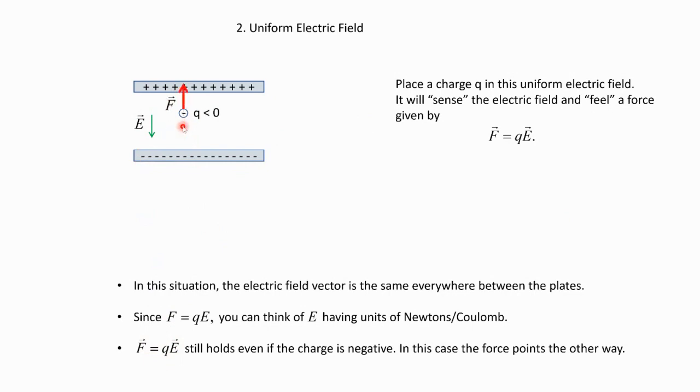But a negative charge will go spontaneously in the opposite direction of the electric field. Okay. And that follows from this equation right here. Right? If Q is positive, the force and the electric field point in the same direction. If Q is negative, the force and the electric field point in opposite directions. Okay? Yep. Thank you very much.